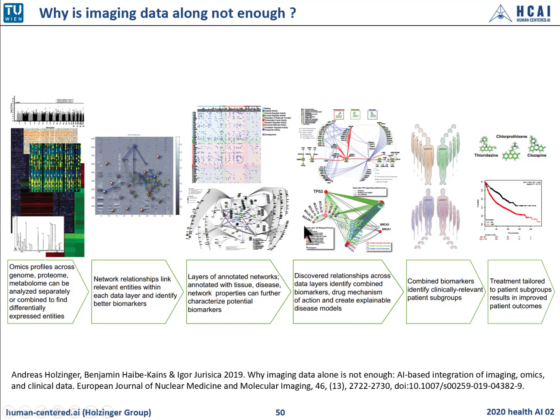Then we have these discovered relationships across data layers, identified combined biomarkers, and so on. Combined biomarkers identify clinically relevant patient subgroups. Finally, a treatment tailored to patient subgroups results in improved patient outcomes. And the ultimate goal would then be the treatment tailored to an individual patient.